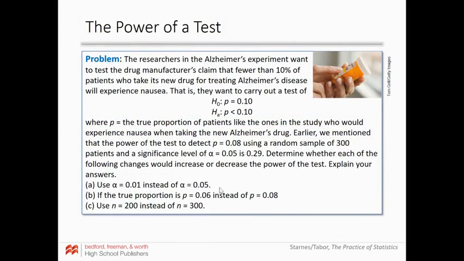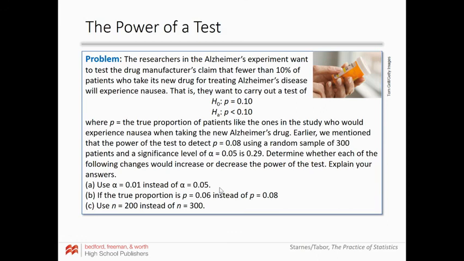A quick example, looking at an Alzheimer's experiment. They want to test a drug, hoping that fewer than 10% of patients who take the new drug for treating Alzheimer's disease will experience nausea. They want to carry out a test of H naught: P is equal to 0.1, against the alternative hypothesis: P is less than 0.1, where P is the true proportion of patients like the ones in the study who would experience nausea when taking the new Alzheimer's drug.